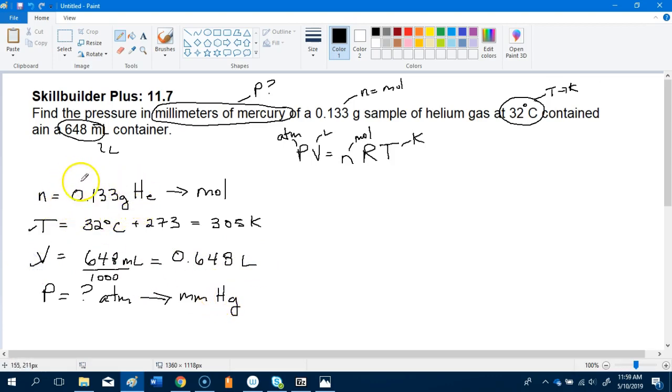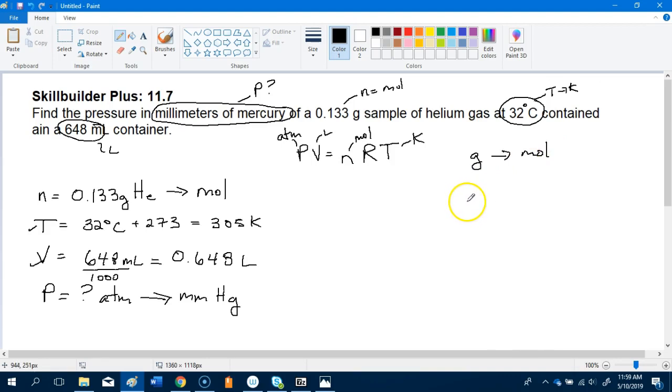What happens when you have the amount showing in grams? Well, you have to convert to moles. So we have to go back to CHEM1047 when we're converting grams to moles. And we know that the molar mass of helium is going to help us out.